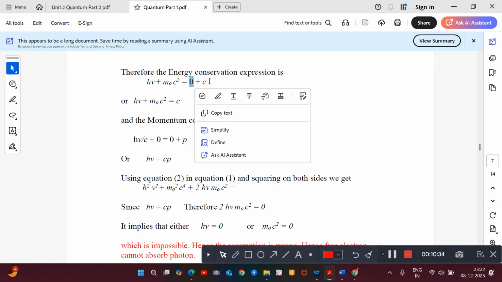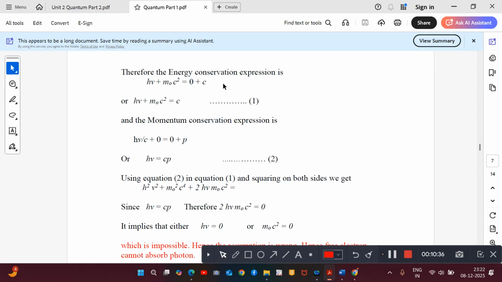This value becomes 0. And this is the second part, which is showing the energy of the electron, and therefore we will get h nu plus m naught c square equal to c. And the momentum conservation expression becomes h nu upon c plus 0 equal to 0 plus p. So therefore h nu equal to cp.